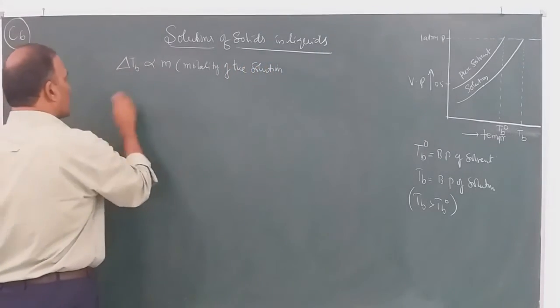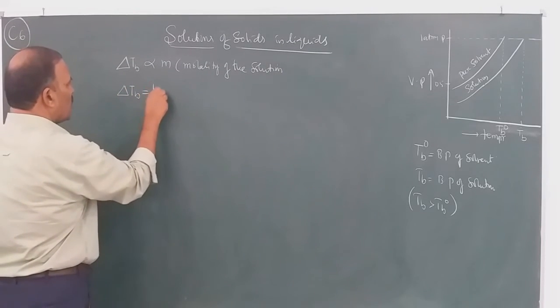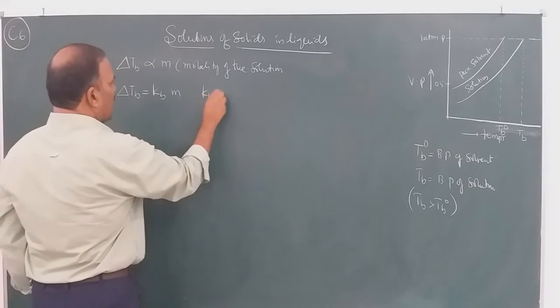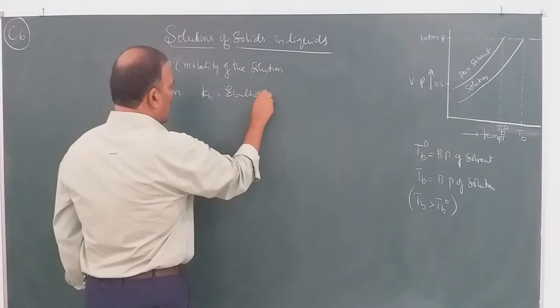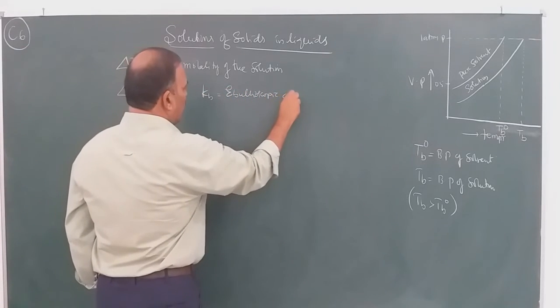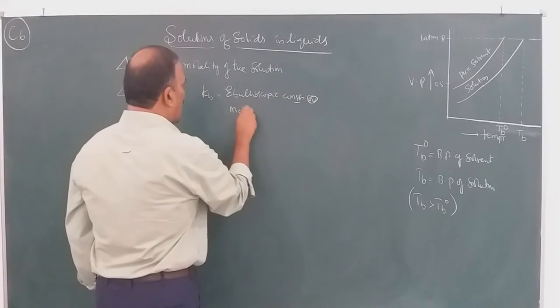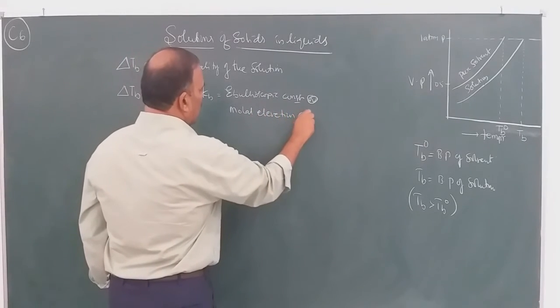To remove the proportionality sign, we introduce a constant, that is delta TB is equal to KB into m, where KB is the ebullioscopic constant or molal elevation constant.